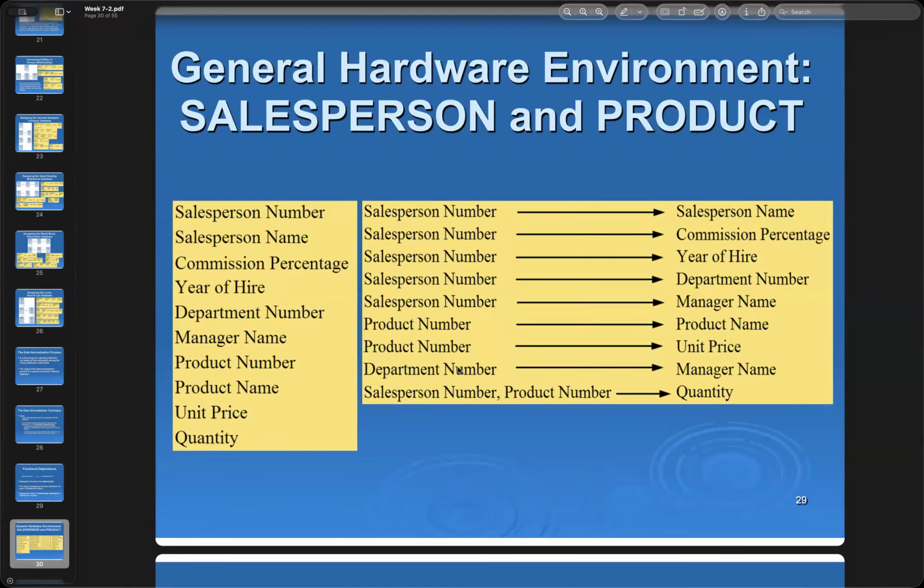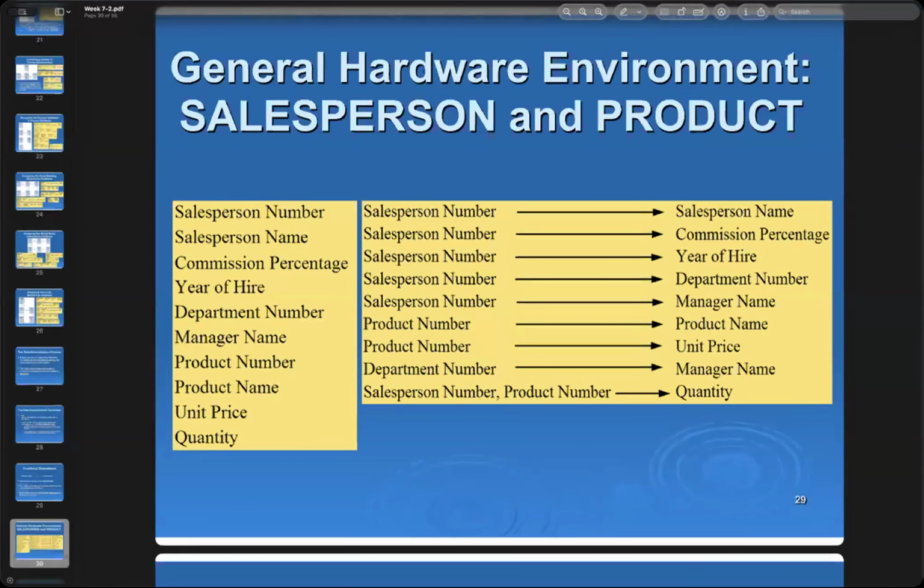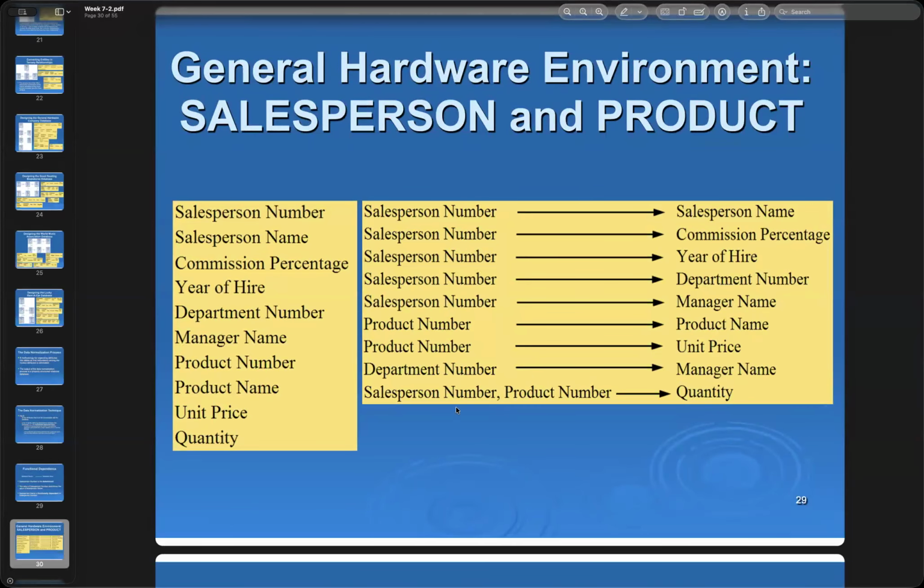The department number determines the manager name. Sales number and product number determine the quantity right here. If I give all the attributes, you should be able to pick out which one will most of the time be the primary key, such as salesperson number, department number, maybe the product number.